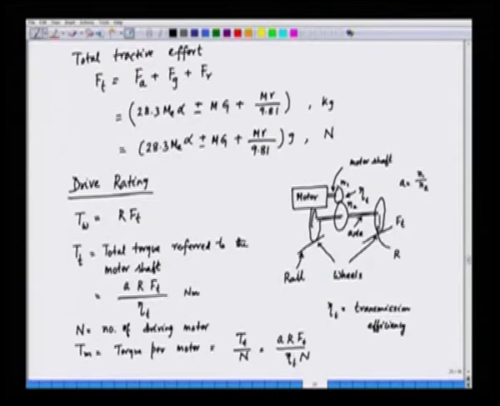So, this is how we find out the torque which is seen by the motor.